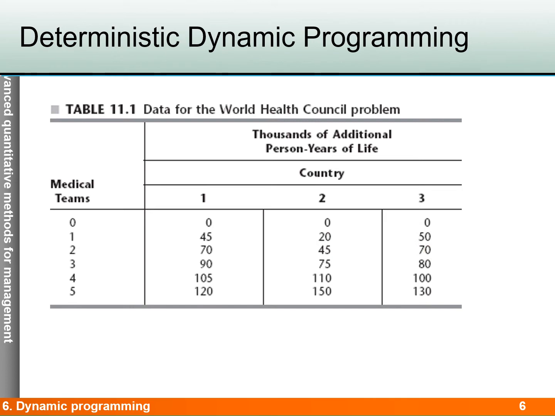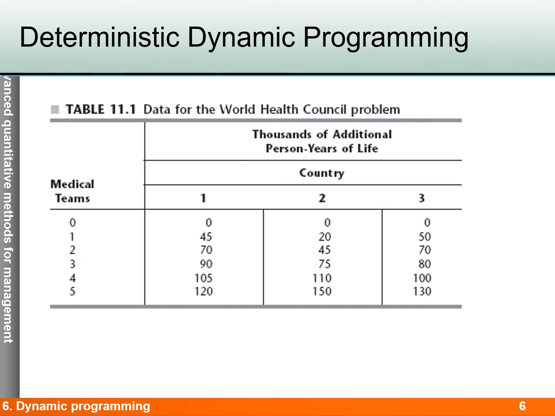As you see here, in each country there are different possibilities of allocation. From what to what? From 0 to 5. We can allocate nothing to one country, or 1 or 2 or 3 or 4 or 5. But for sure, deciding about each of these allocations, we should think about what the allocations of the other ones are.